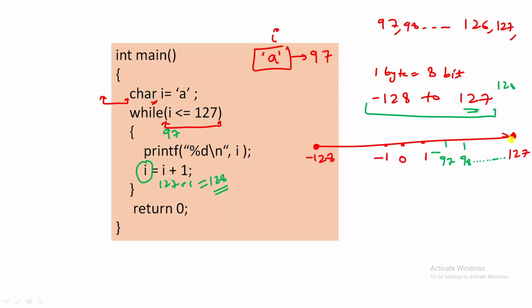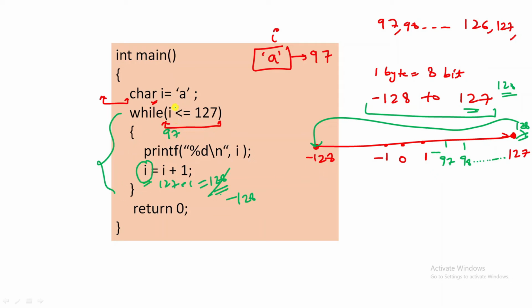So 128 is outside the range, and it will be changed to -128. So inside this I variable, -128 is stored. This we have already discussed in our previous videos of C programming. You can find the link in the operating system playlist, how these data type ranges actually work.